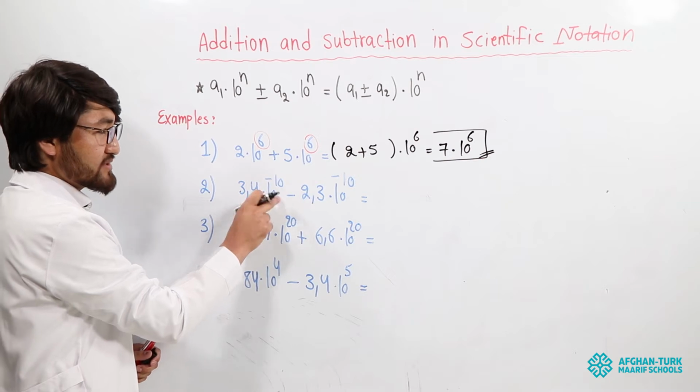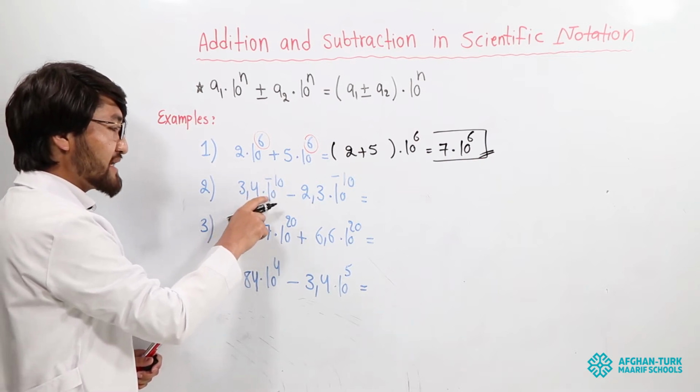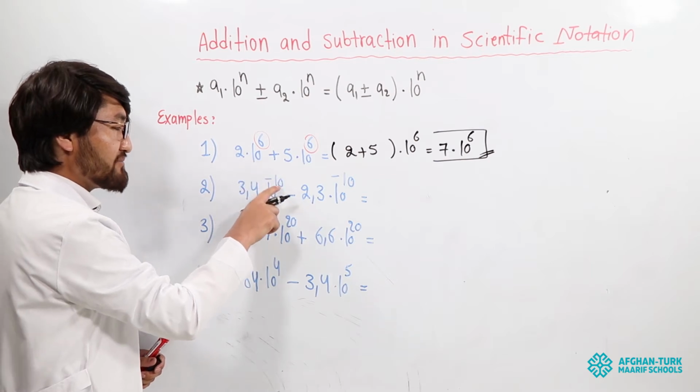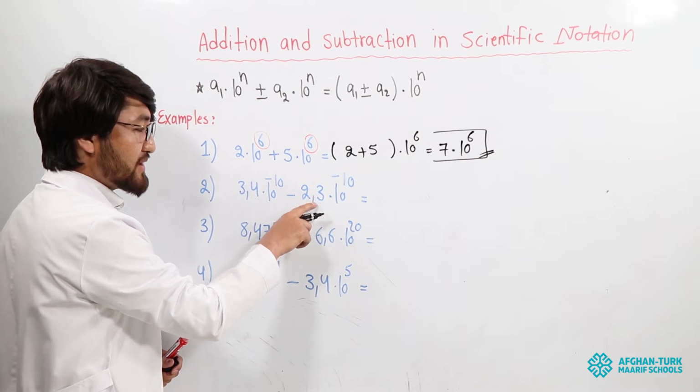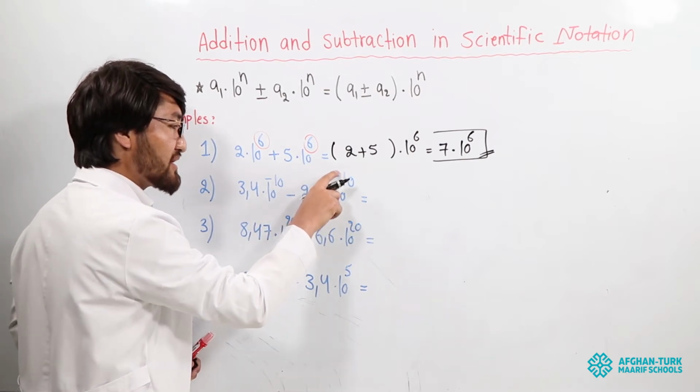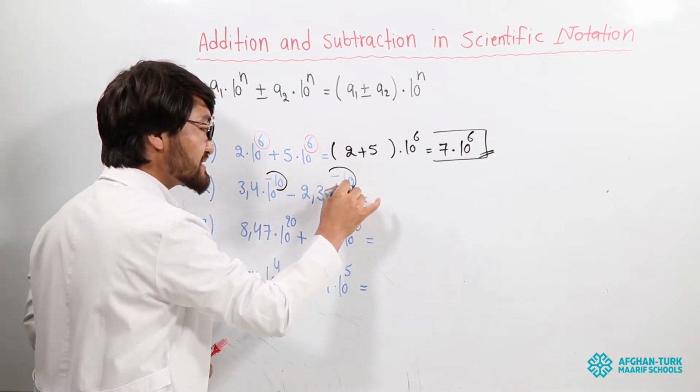Now the next example: 3.4 times 10 to the power of minus 10 minus 2.3 times 10 to the power of minus 10. Also, the exponent is the same.